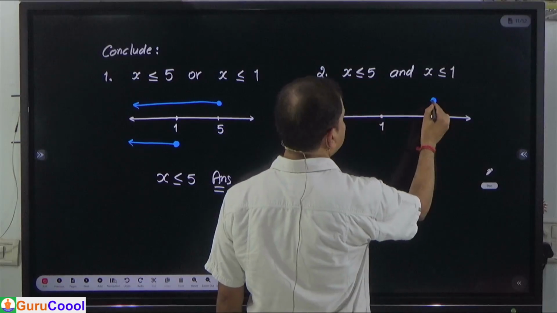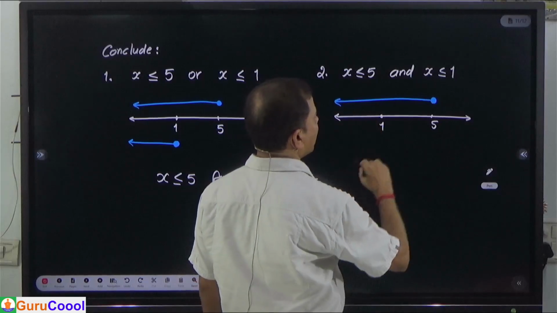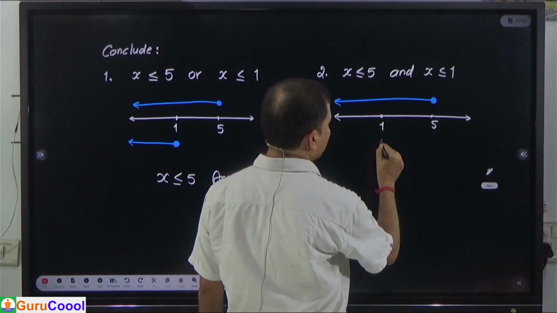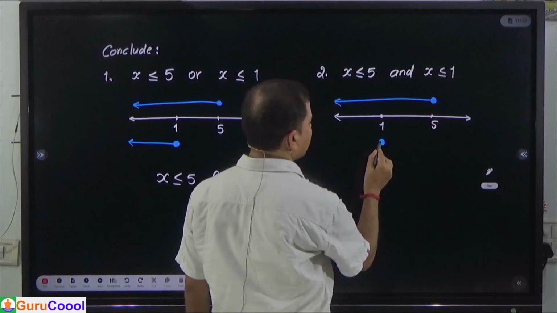Lesser than 5 means the left side region indicated. x is lesser than or equal to 1, equal to 1, so closed circle, and lesser than 1 means this region.